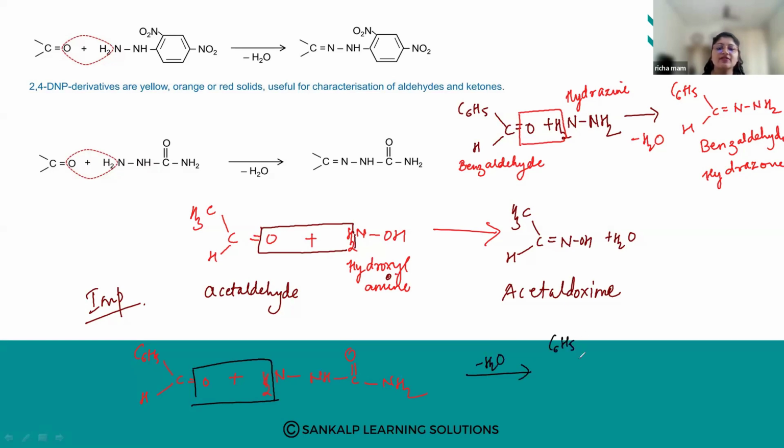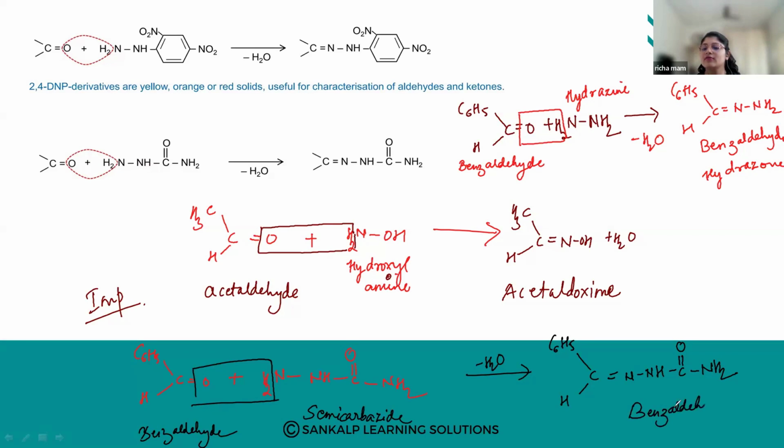So C6H5 C H double bond N NH C double bond O NH2. Okay, so what is the compound name? So this is benzaldehyde, this is semicarbazide, and this is your benzaldehyde semicarbazone.